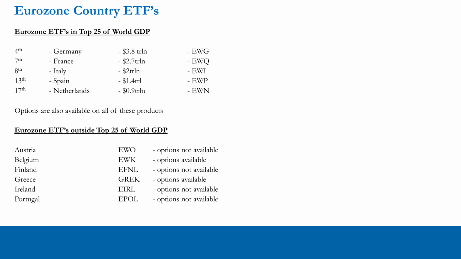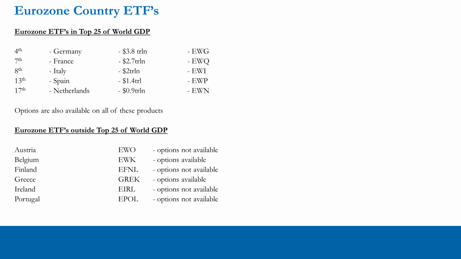So Austria, the EWO, you can trade the ETF, but options are not available. Belgium, options are actually available for the Belgium ETF. Finland, options are not available. Greece actually has options available. Ireland, not available. And Portugal, unfortunately, not available.